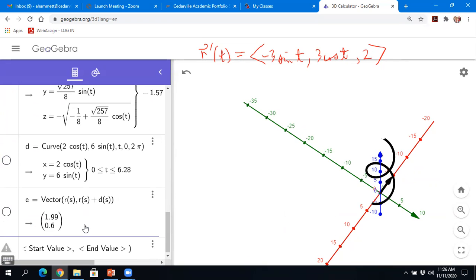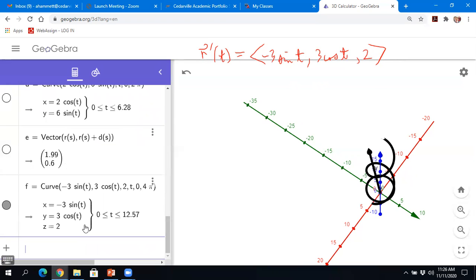The first thing is -3 sine of t. Second thing is 3 cosine of t. And then 2, and it was t from 0 to, what was it, 4 pi or something like that. Okay, so I had that.